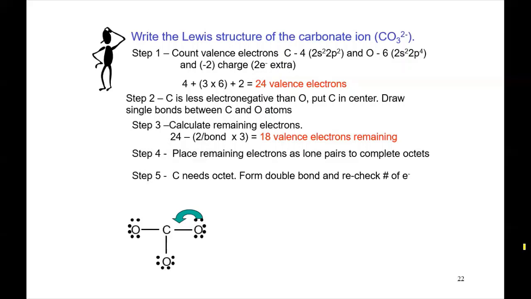I'm going to take that pair of electrons and make that oxygen share them with the carbon so that I now have a double bond in there. See what I did? I couldn't add any more electrons, but I just rolled over a pair from the oxygen into that double bond.